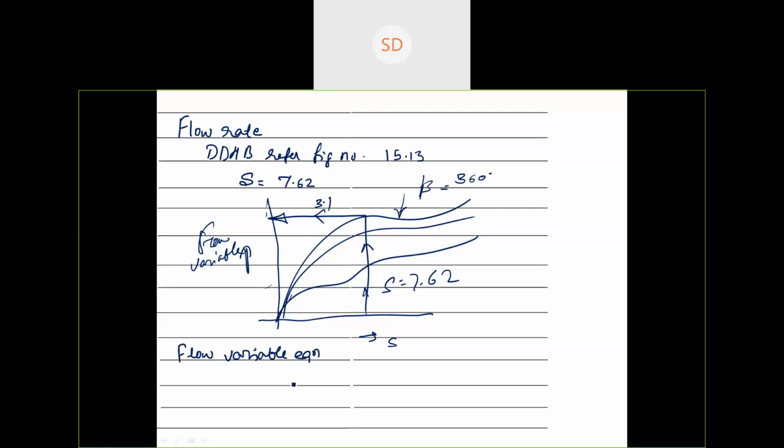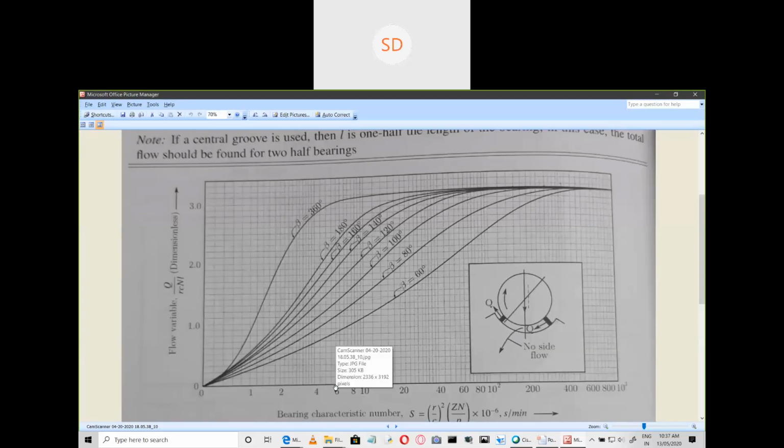Now the flow variable equation is what? Fv equal to Q divided by RCNL. Is it right? Q divided by RCNL. Now you have the flow variable, you have the radius, the clearance, the speed, and L. Now you calculate Q here.